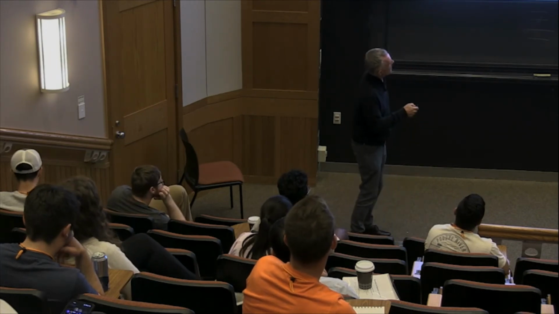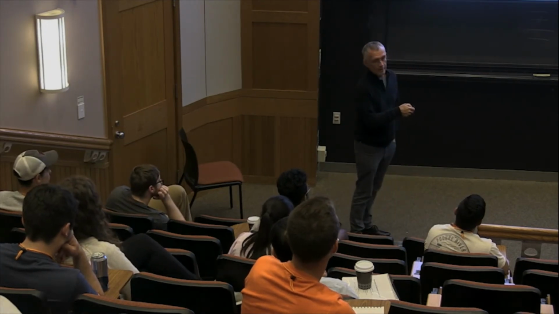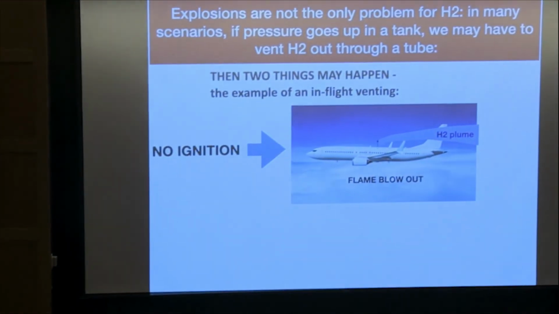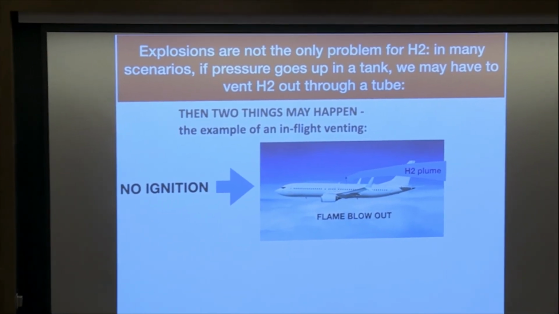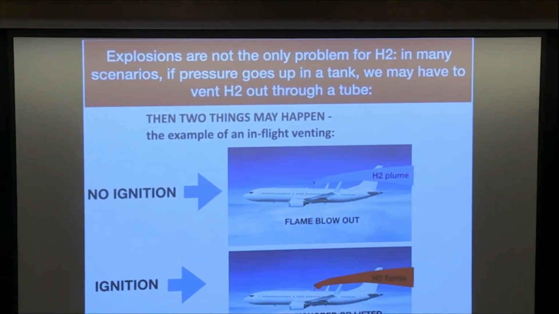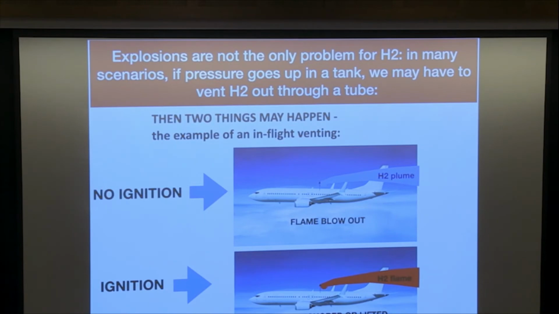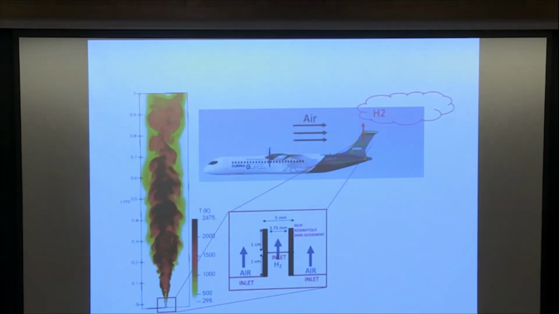So if you vent it, the H2 will come out of the plane. Here, for example, if the plane is flying, you will have an H2 plume behind it. Okay? Now, this H2 plume can do two things. It can stay where it is, or it can ignite. Now, imagine the pilot calling, saying, I have a small problem, I have a flame behind me. Then that's a bad problem.